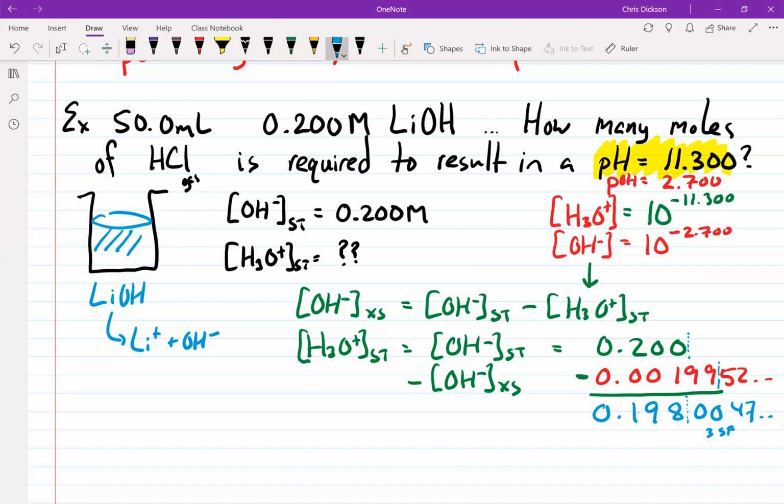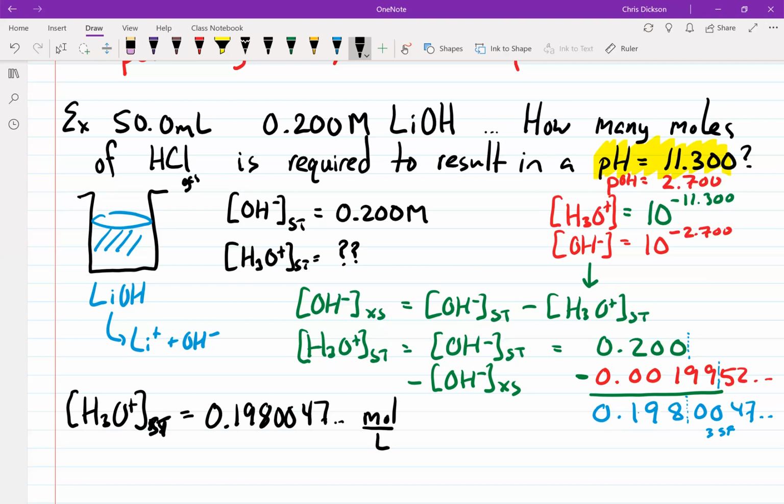So what we're being asked to find is the moles of base, or moles of acid, required here. So I know that the concentration of the H3O plus that we started with is 0.19800047 and so on moles per liter.